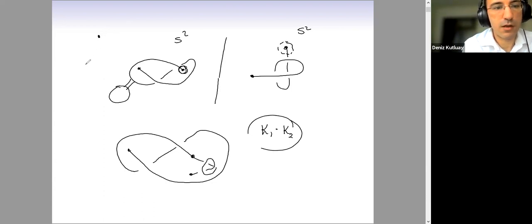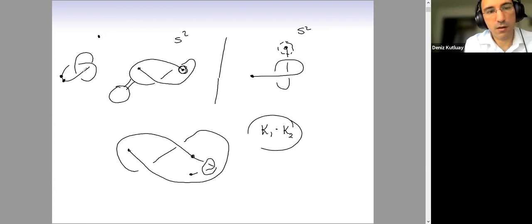So for example, let's say we have a trefoil, and here you just delete a small arc and you get a natoid like this.